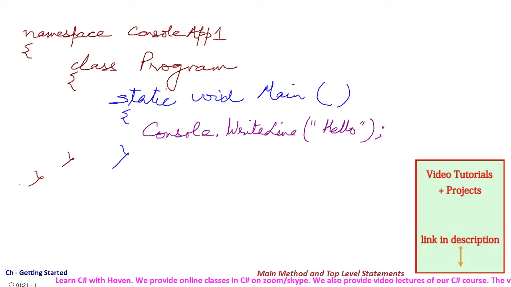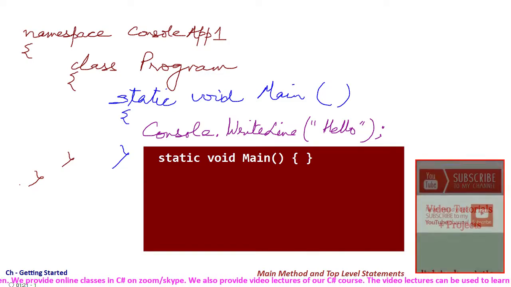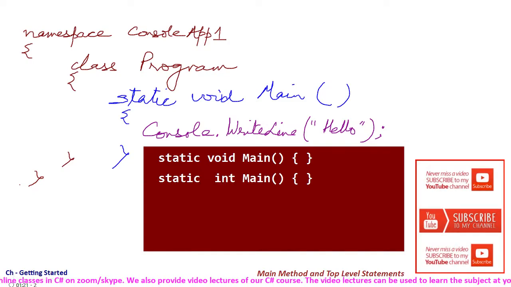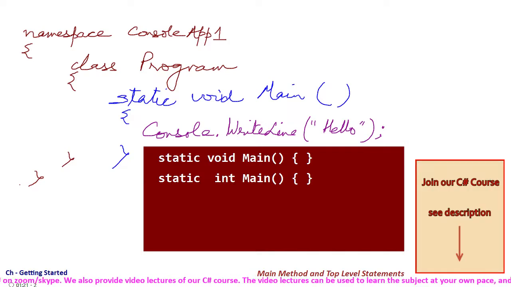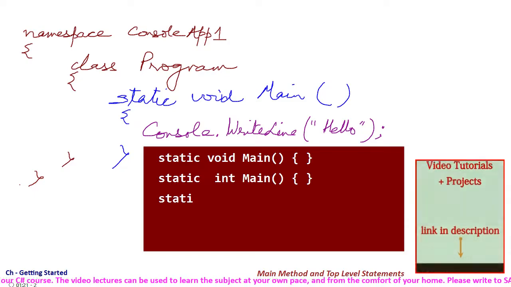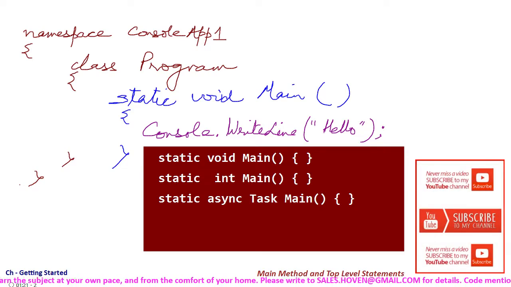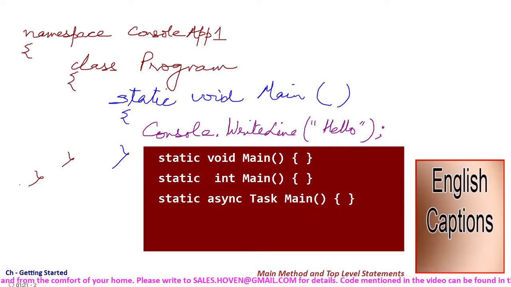Main function can have many signatures: static void main, static int main. This one can return an int just like we have in C++. For asynchronous support, we can have static async Task main. We shall talk about the async keyword later on, but this is also one of the signatures that is possible.